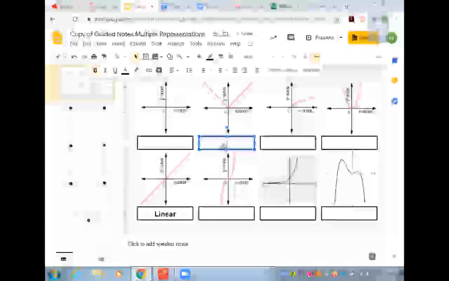Absolute value. How about the third one there on the top? Square root.